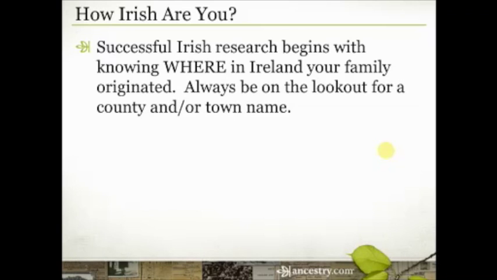And there's a few reasons for that. One is, well, the main reason is just because there's so many common names. Not a lot of variation in given names, only a certain subset of surnames. And so you have to know where in Ireland your family is from so that you know that you're at least narrowed down to the right location.